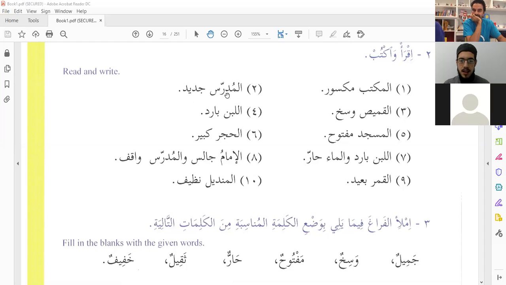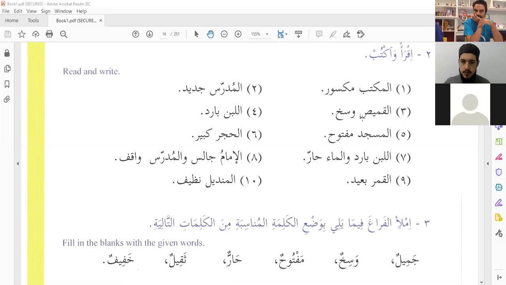Jadidun. It has a dhamma at the end and not 2 dhammas because of the alif lam. It is ma'rifah. It is mubtada ma'rifah. And this here, jadidun, is khabar nakira. Excellent work. Mir, can you do number 3 for us?